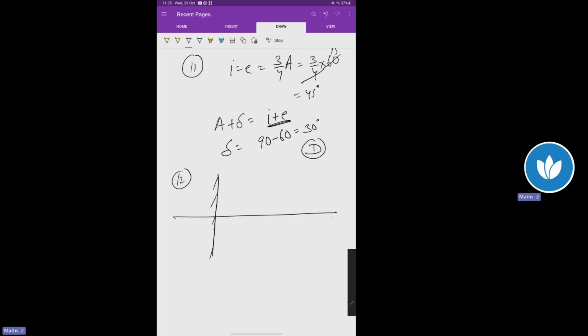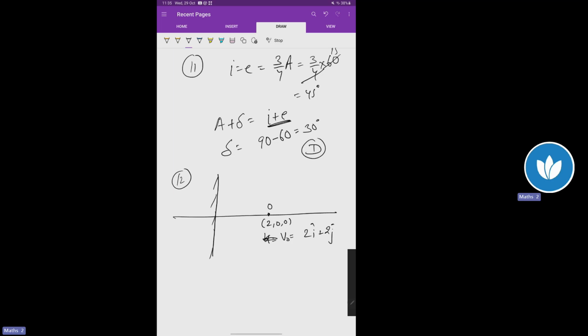An object starts from 2, 0, 0 with a velocity v object equal to 2i plus 2j.